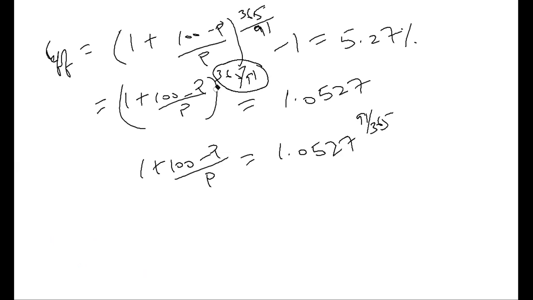All right, so in that case we now need to work out that number, right? So (100 minus P) over P, I'm going to take this 1 across. So that equals, what is this number?